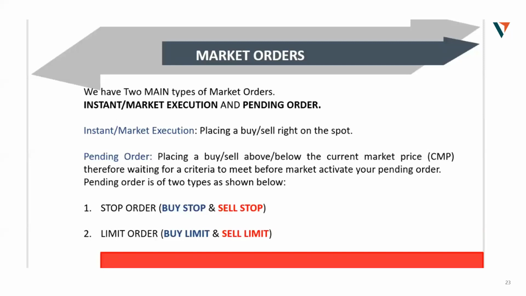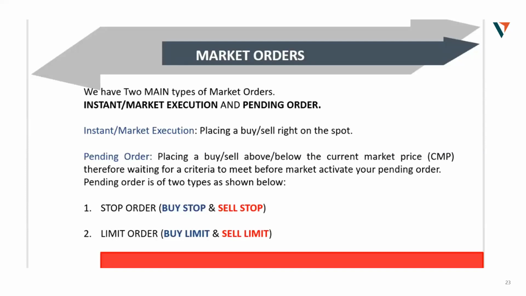So to begin with entry orders, we start with the market execution, or the instant execution. Market execution is entering a trade at this moment. So when you enter a buy trade right now, that is what we call a market order. You go on your chart and you click on buy now, and the trade is activated at this moment.